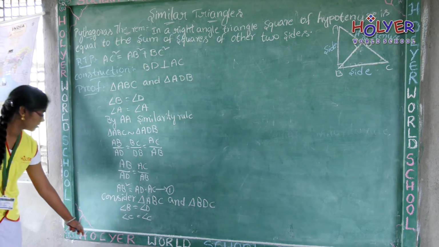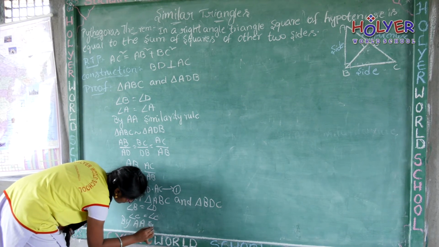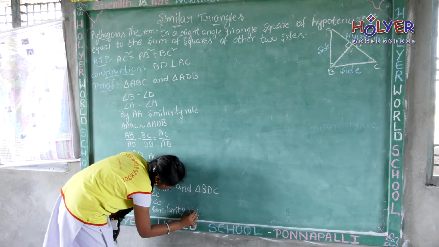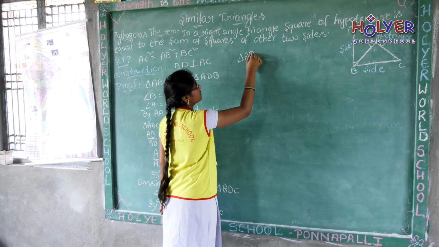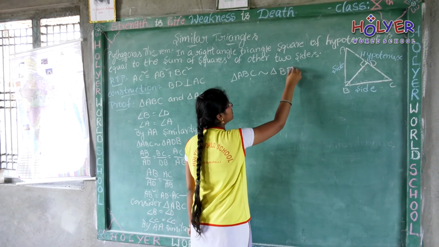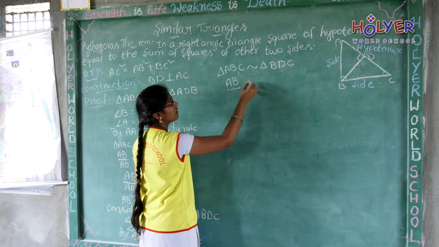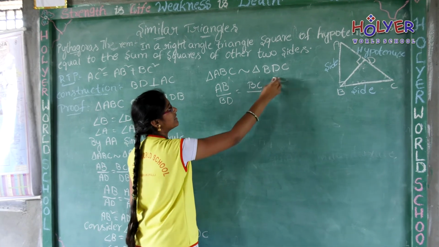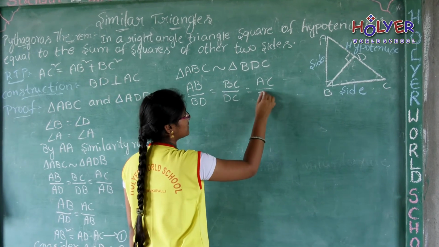By the AA similarity rule, triangle ABC is similar to triangle BDC, and we write the ratio AB by BD is equal to BC by DC is equal to AC by BC.